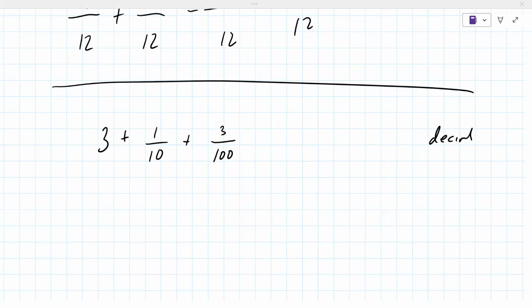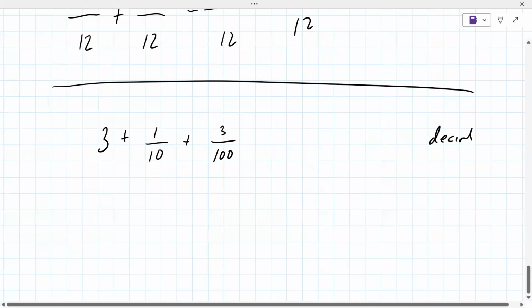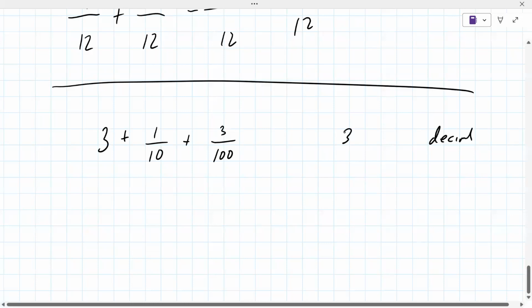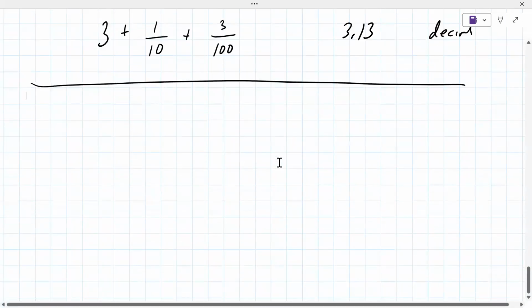So the 10 and 2. 3 over 13. Sorry. 3.13. Okay, 3.13, very good.